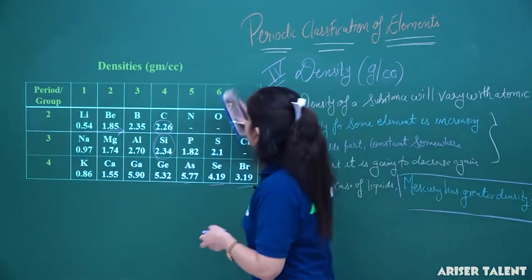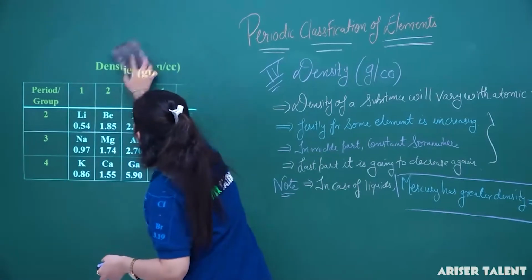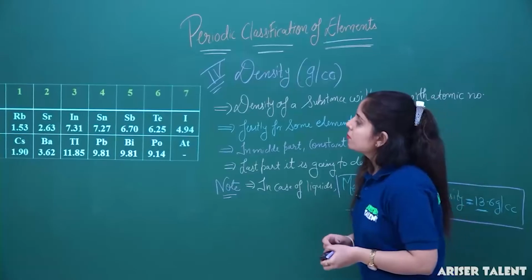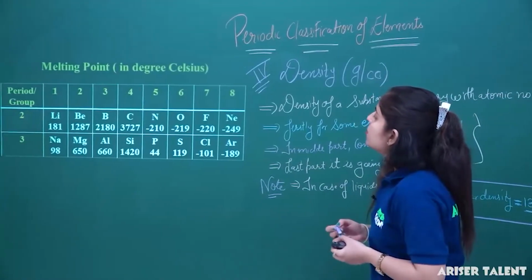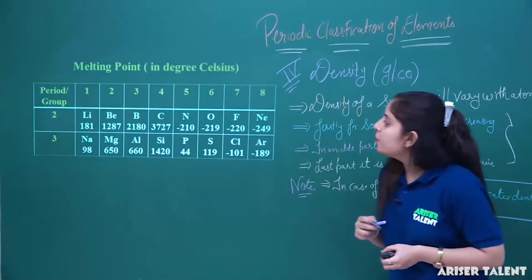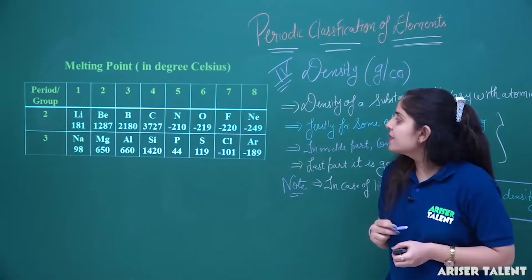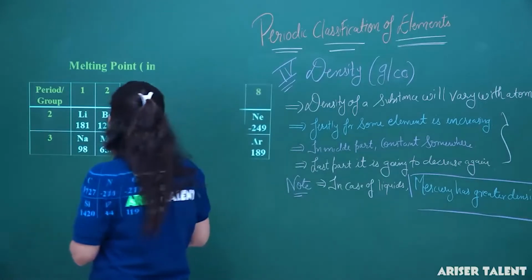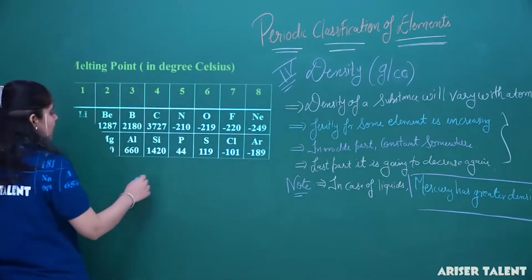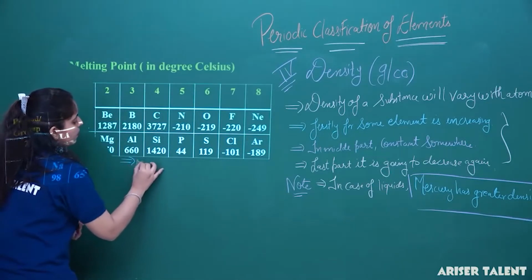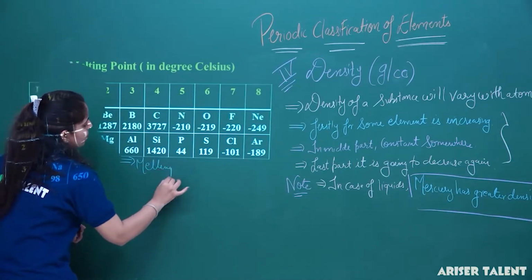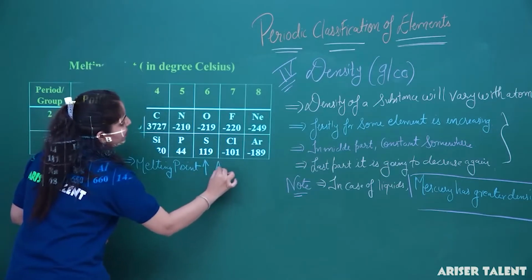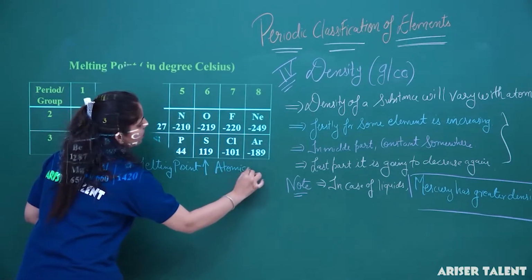So now the next topic is about melting and boiling points. This is a curve for the melting points we have observed in some cases. So according to this curve, according to this periodic trend, we can observe that melting point increases with increasing atomic number.